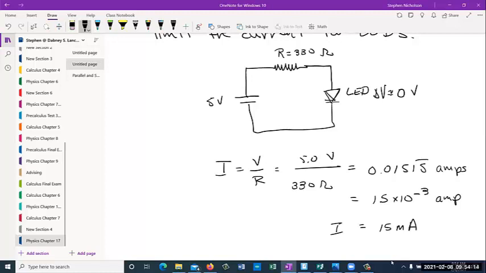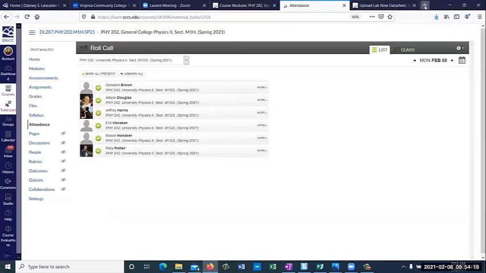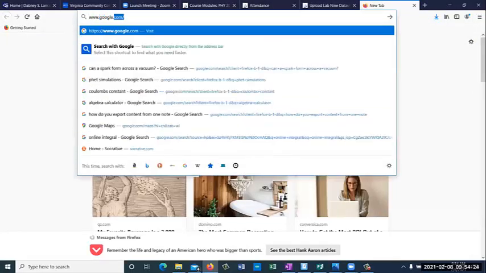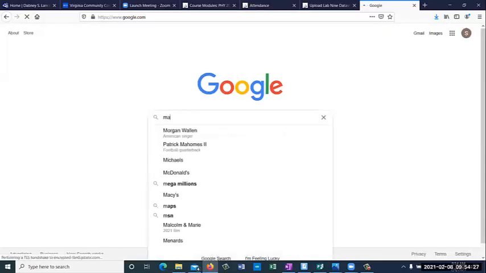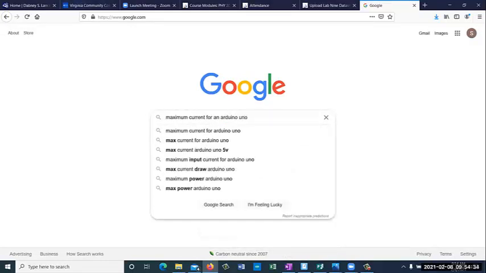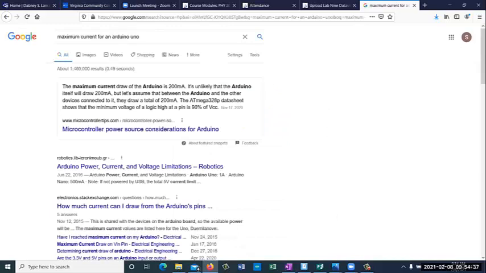If you go online and search for the maximum current for an Arduino Uno, it says the maximum current draw of the Arduino is 200 milliamps. It is unlikely that the Arduino itself will draw 200 milliamps, but let's assume it's higher than I thought it was. So we're only at 15 milliamps.